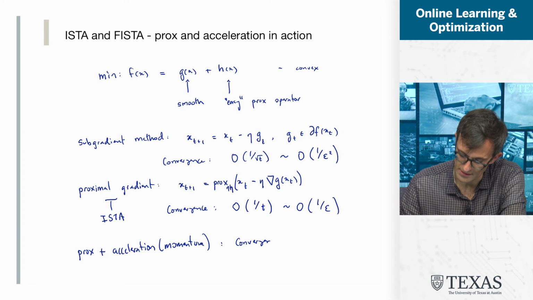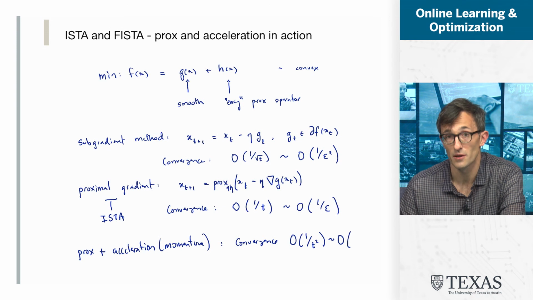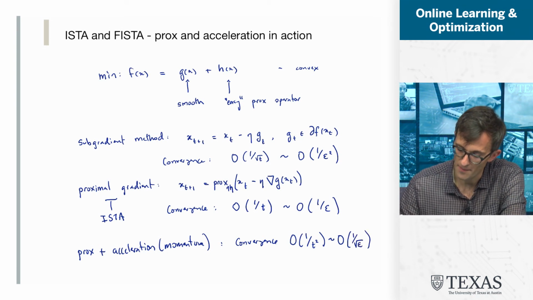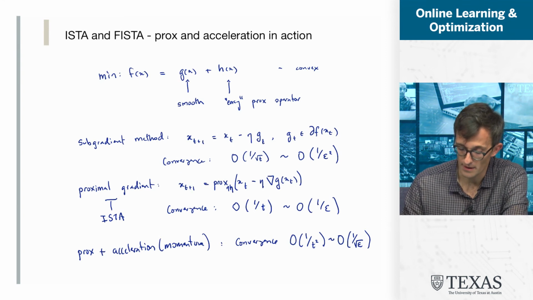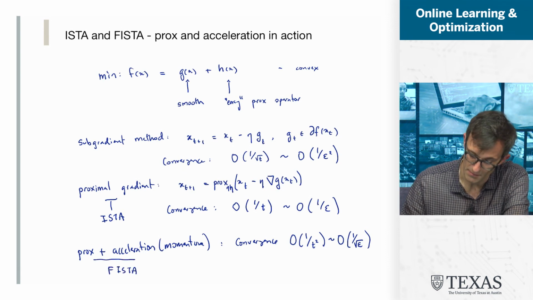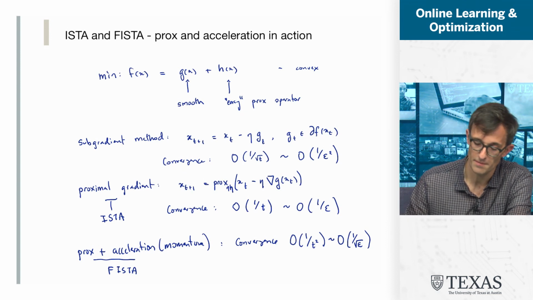Our convergence in this case is going to be order 1 over t squared, which is the same as saying that in order to get epsilon error, I need to make 1 over square root of epsilon steps. So you can see that FISTA, fast ISTA, is much faster than ISTA, which in turn is much faster than just the subgradient method.